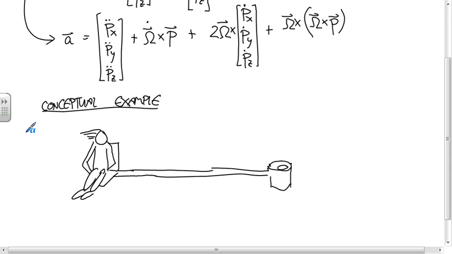Okay, and let's say that the mass, am I going to use that? Actually, no, I'm not going to use the mass, so I'll just leave that off. And let's say that we have a coordinate system like this, x, y, and z, and that this thing is spinning around at 2 radians per second.